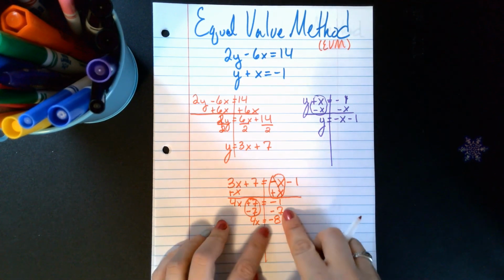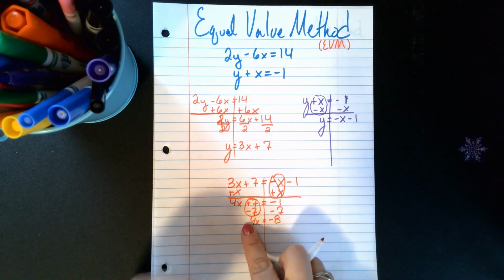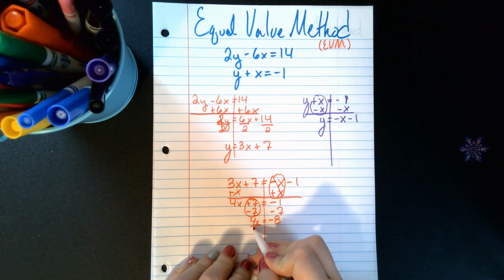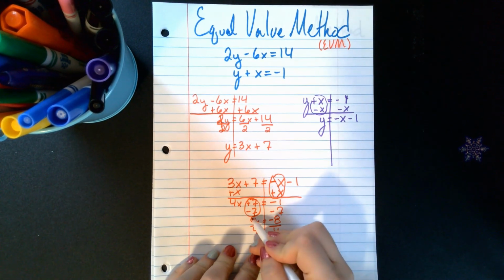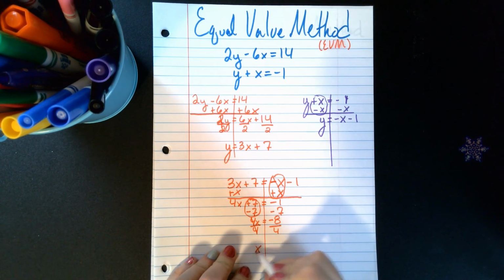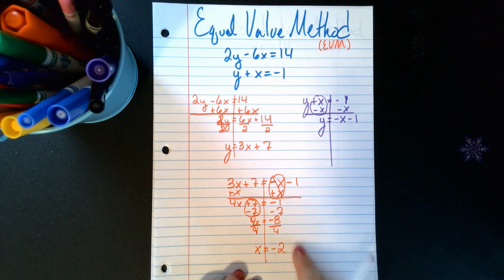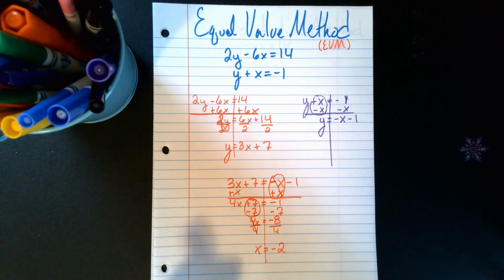So negative 1 minus 7 is a negative 8. But you can see my x's are positive, so I'm still doing good. I'm now going to divide by 4 on both sides because I have 4 sets of x's. I end up with a single x equals 2 negative unit tiles. Okay, so x equals negative 2 is when these two are equal to each other.